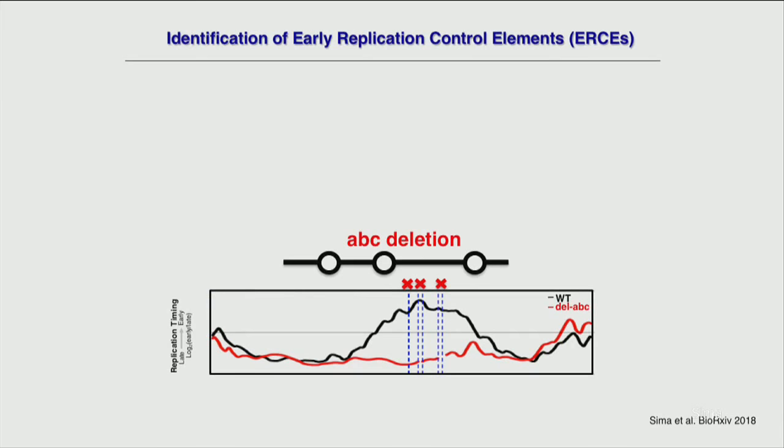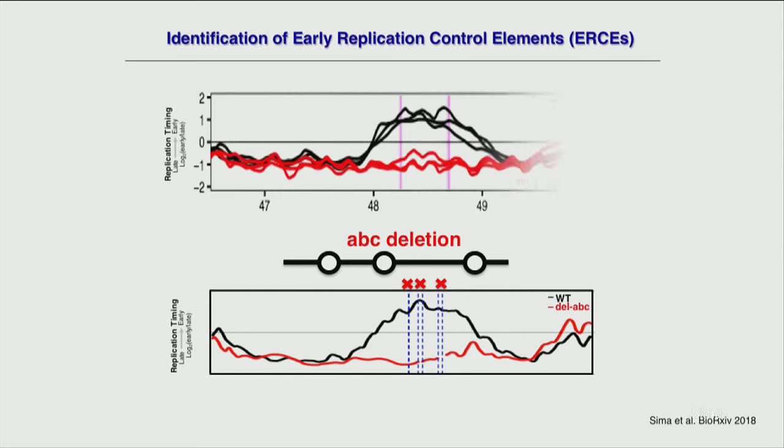The triple deletion now completely switched to late replication in a similar fashion as in ESC to NPC differentiation, and we can reproduce this result in a different clone. So we think we have deleted all the cis elements that are required for early replication, and we call them early replication control elements, ERCEs.